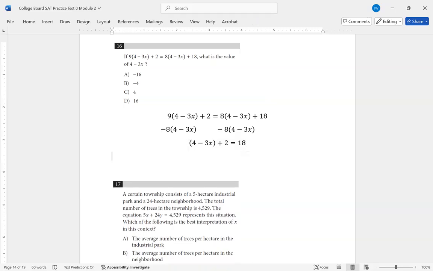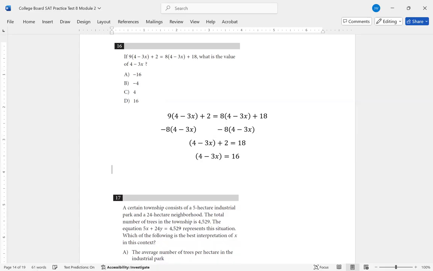And then we are going to subtract 2 from both sides. When you do that, you end up with 4 minus 3x is equal to a positive 16. So the value of 4 minus 3x has to be 16. And therefore, the answer to question 16 is D, 16.